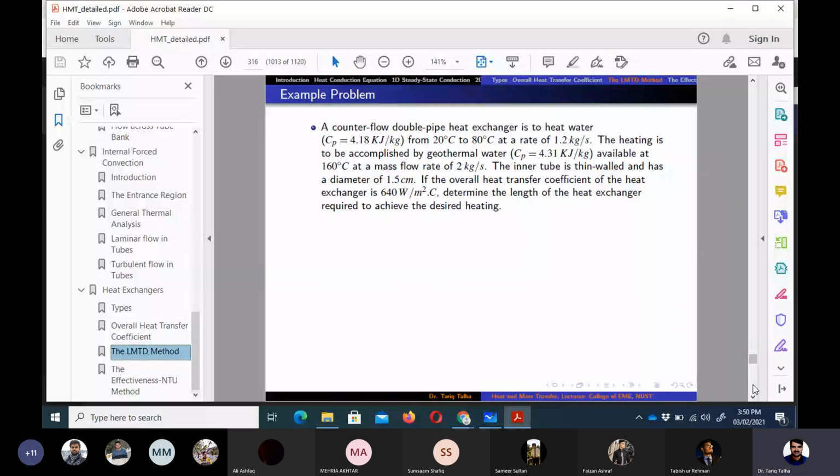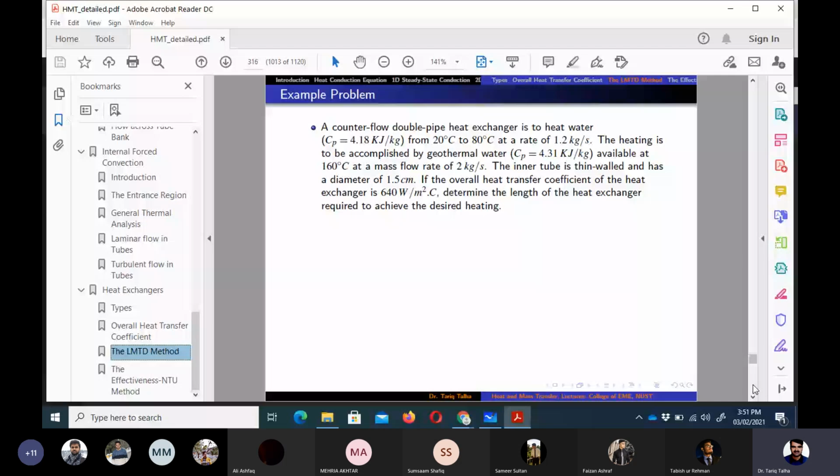Okay, so this is the first example problem: a counterflow double pipe heat exchanger is to heat water, whose CP value is given, from 20 to 80 degrees, and water is coming in that pipe at 1.2 kg per second.